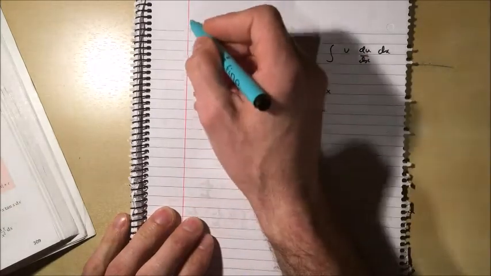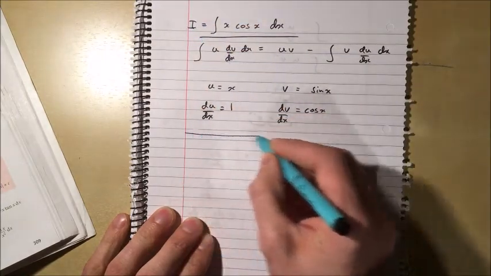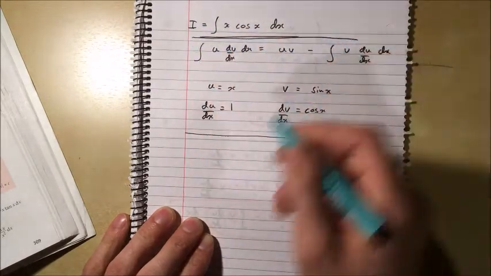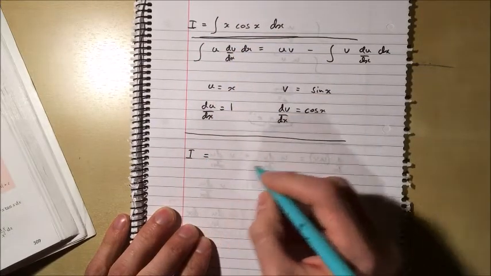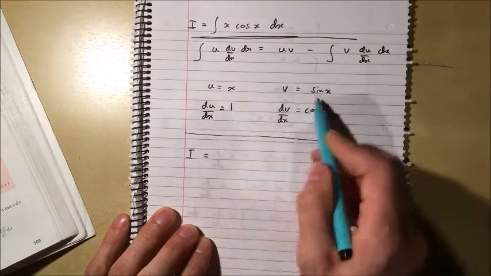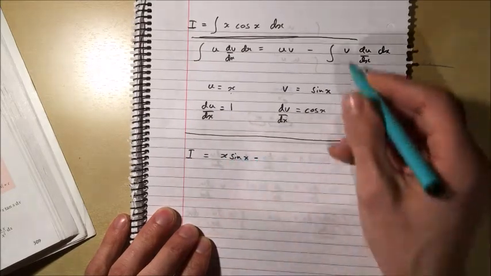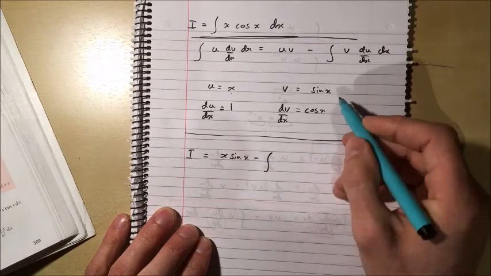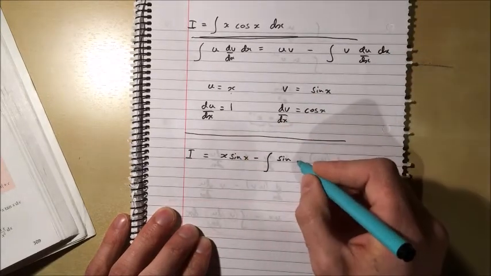So we don't get confused, I'm going to call that integral I. I've done a bit of working out, and now I'm going to say I, the integral I started with, is equal to uv, so that is that times that, x sine x, minus the integral of v, which is sine x, du by dx, which is 1.